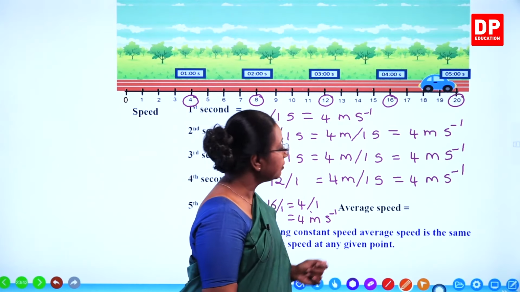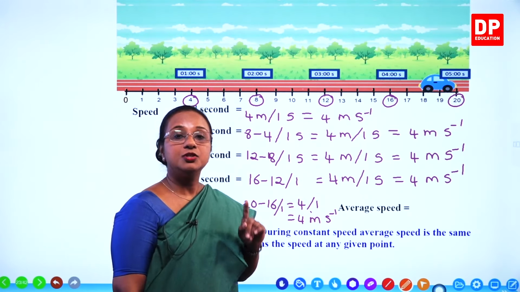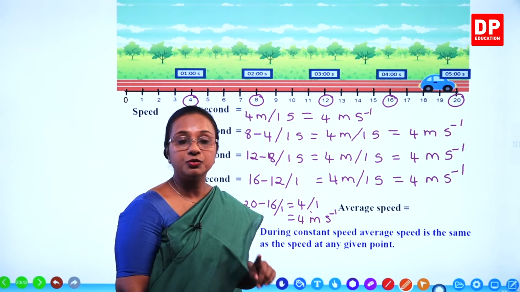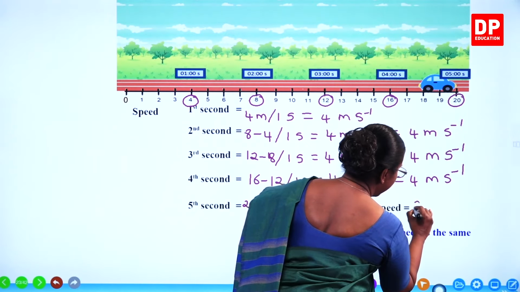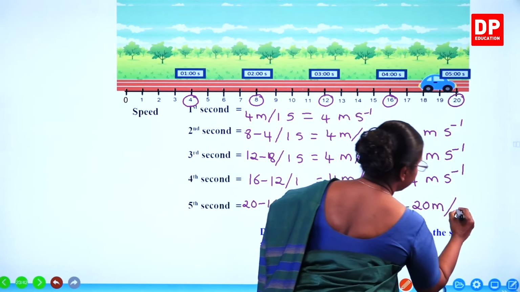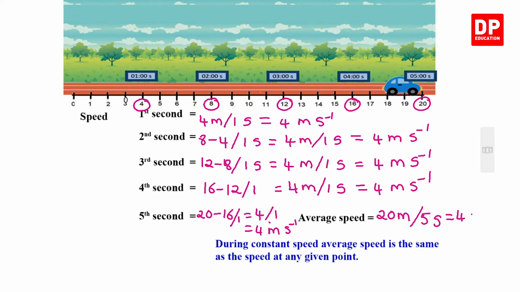So, if we calculate the average speed, you can remember it is the total distance traversed divided by the total time duration. So, here it's going to be 20 meters divided by total time is 5 seconds. That is also going to be 4 meters per second.